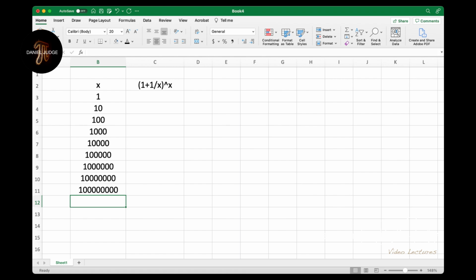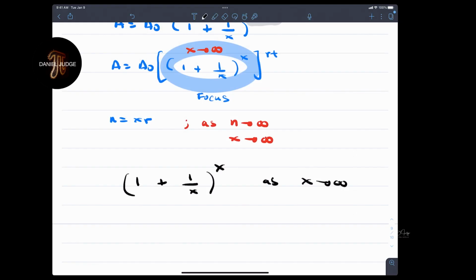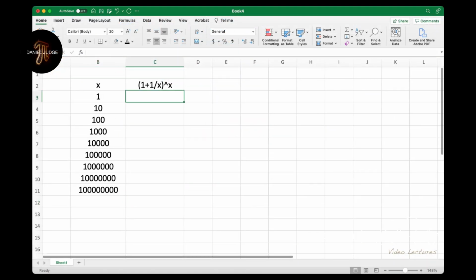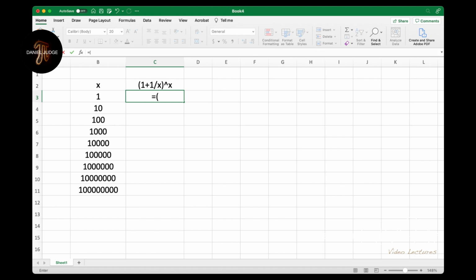I want to see what does 1 plus 1 over X to the X power become? Because I'm focusing on that mechanism. Because N is getting big, so is X. All right, here we go. 1 plus 1 divided by that cell, raise that to that cell power.